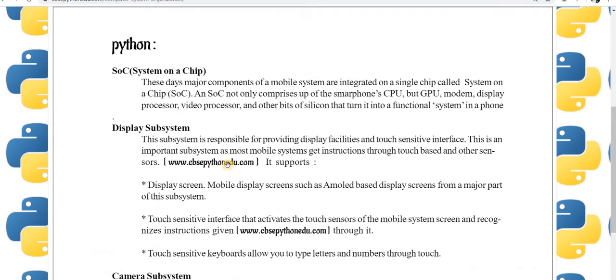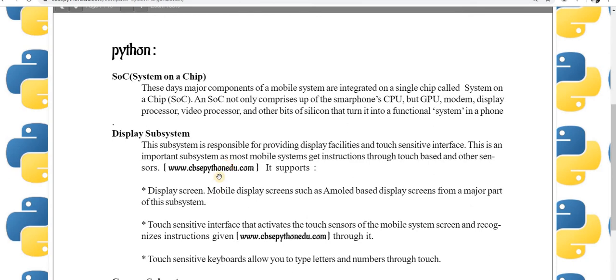That's it. Okay, now what is SoC, system on a chip? These days major components of a mobile system are integrated on a single chip called system on chip. Okay, there is a chip in our mobile phone, and all those applications are based on that chip only.